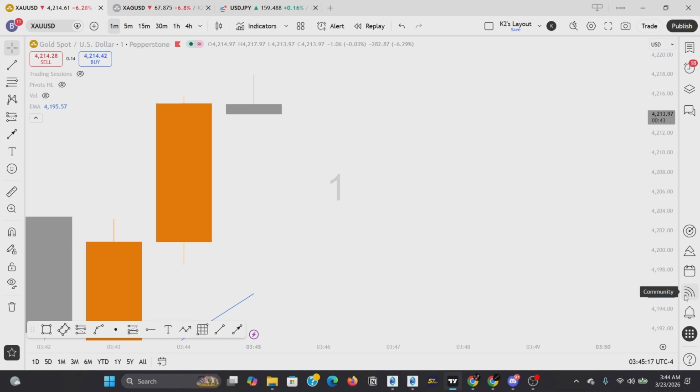Now it's moving down. Keep in mind, if it is a bullish candle, then it may turn gray, but that doesn't mean it's going to close gray. See, it's going low.